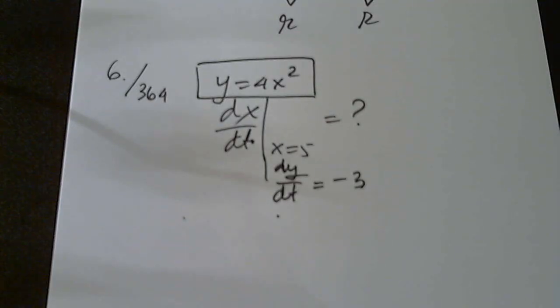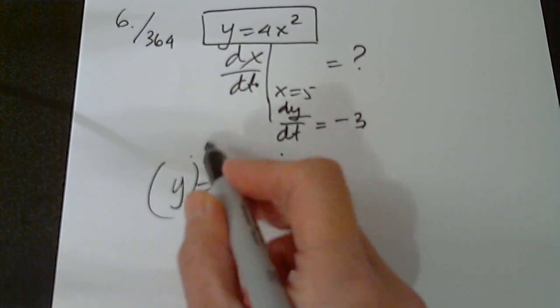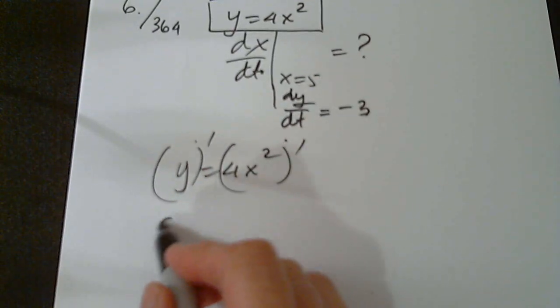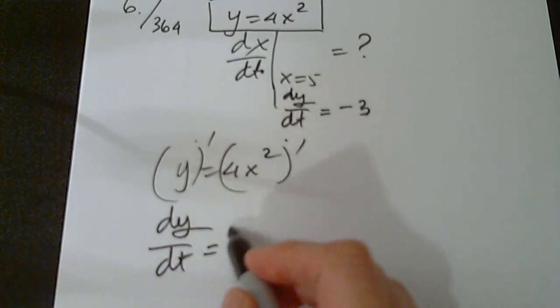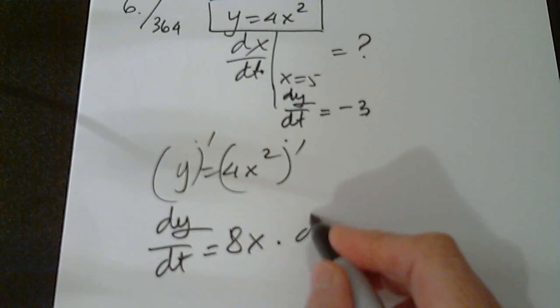Okay, fine. So I will differentiate both sides. dy over dt equals 8x times the inner function prime.